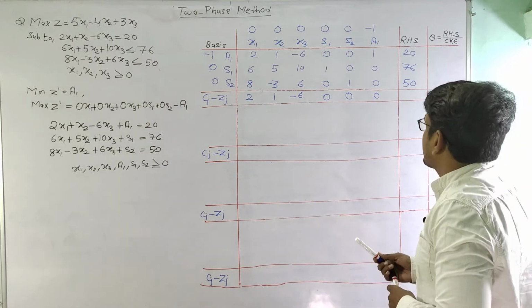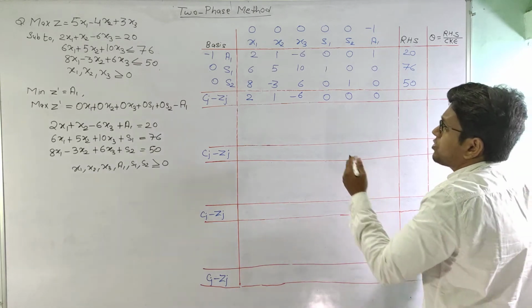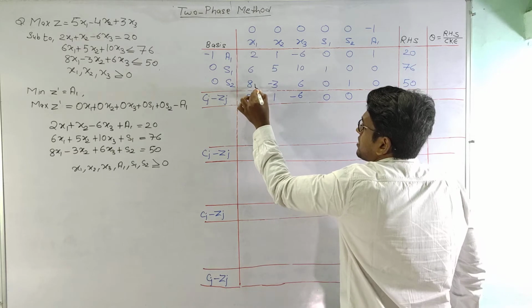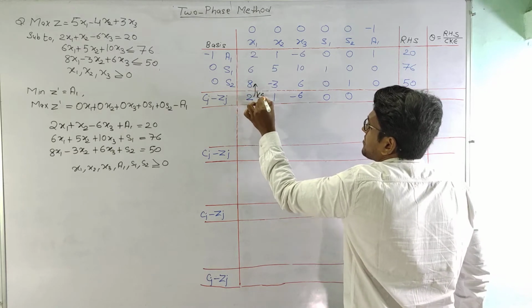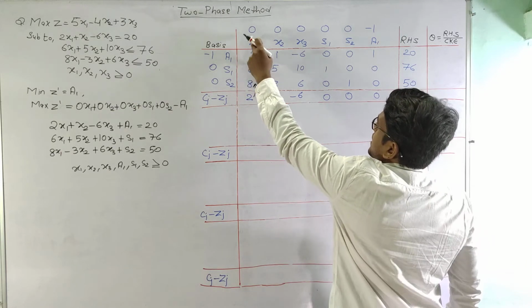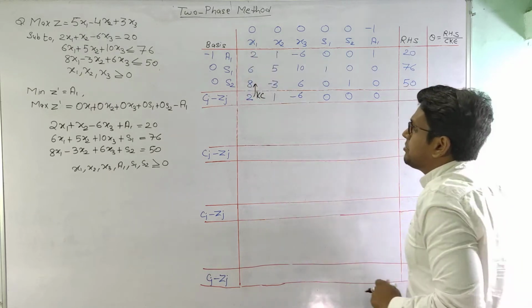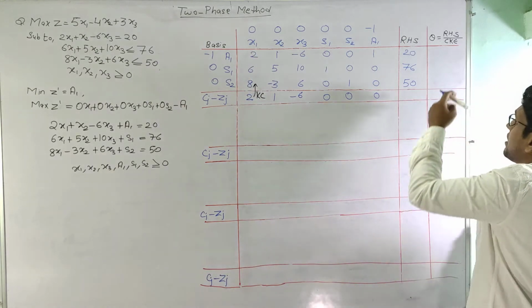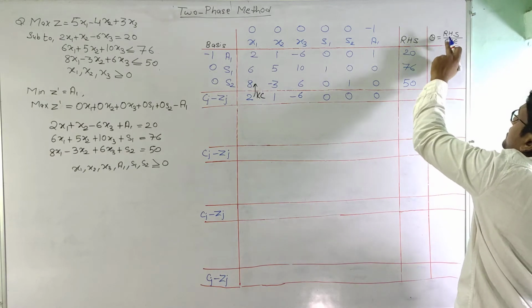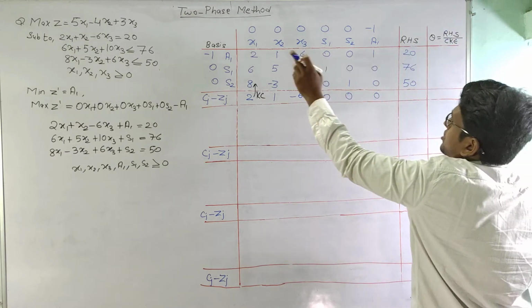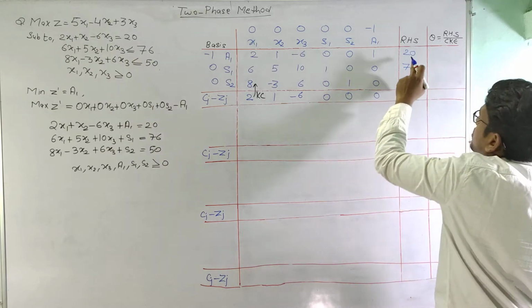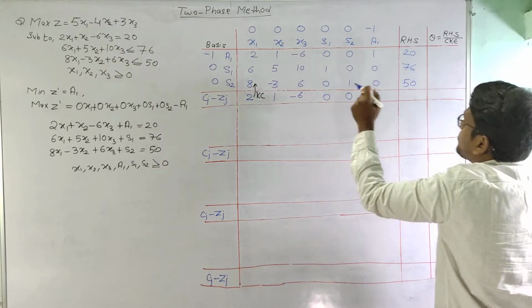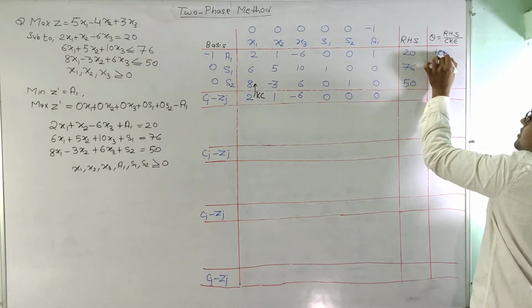Now we select the maximum positive value here. So 2 is the maximum positive value, so this will be our key column and it indicates that variable x1 will now enter the basis. To find the leaving variable we need to calculate the value of theta, which is the right hand side value divided by the corresponding key column element. So 20 divided by 2 is 10.